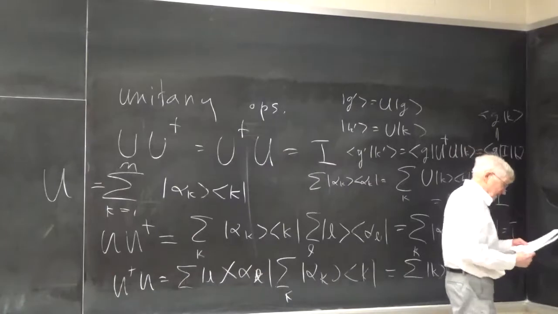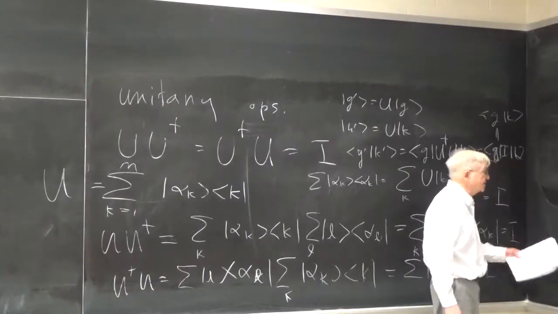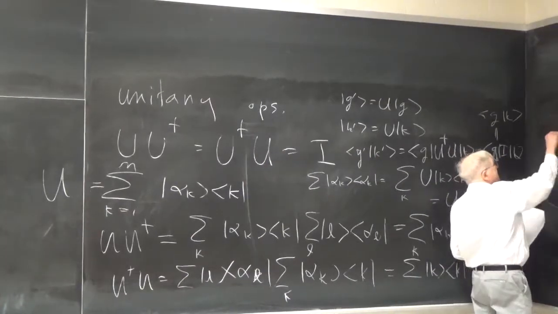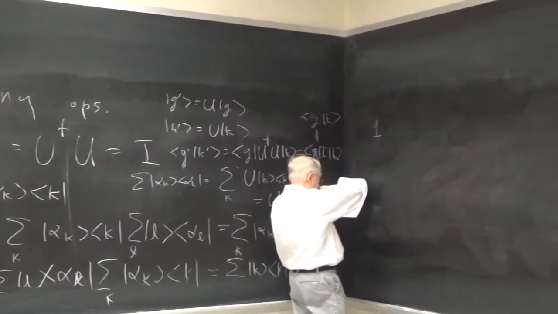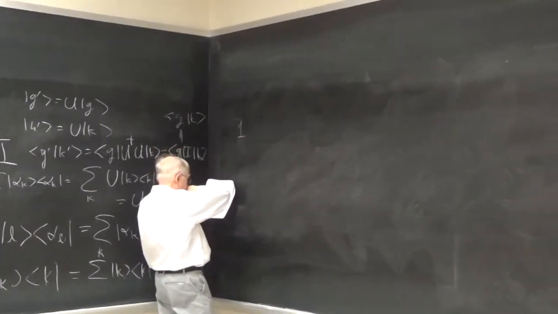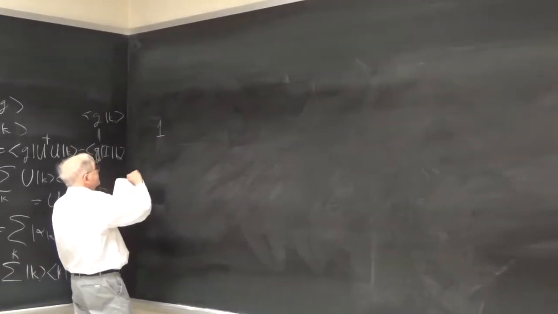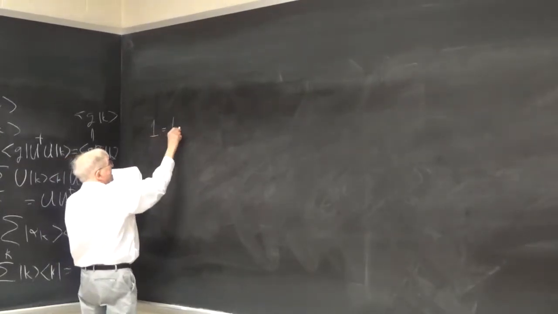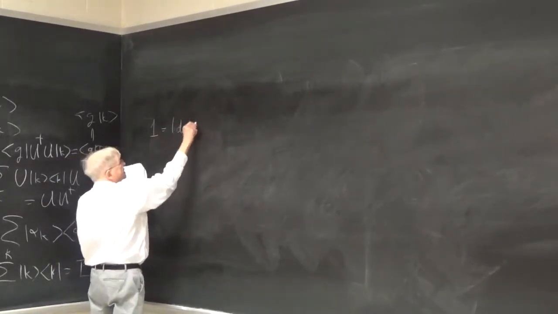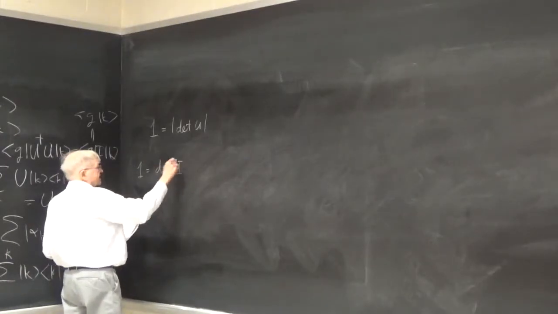Unitary matrices have unimodular determinants. That is to say, the absolute value of the determinant of a unitary matrix is equal to 1. The reason for that is that 1 is certainly equal to the determinant of the identity.